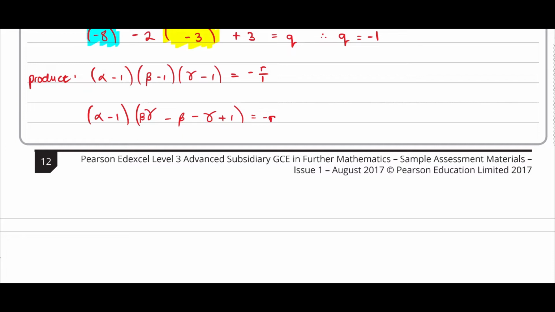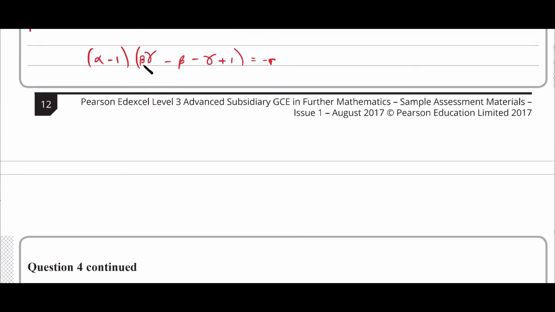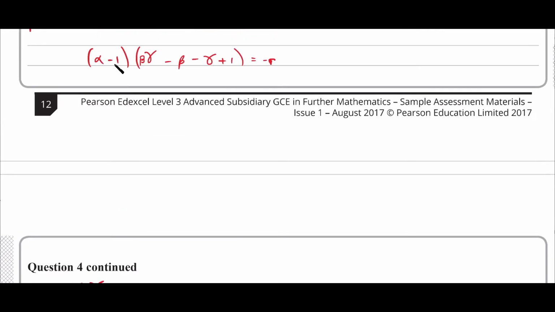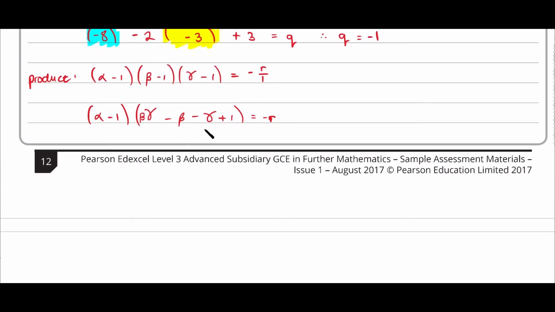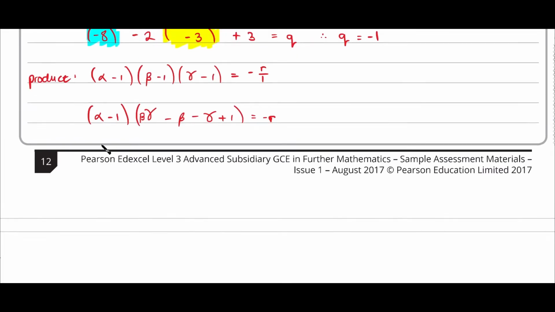So with that being said, let's now expand. Alpha times beta gamma, that's alpha beta gamma. Alpha times minus beta, that's minus alpha beta. Alpha times minus gamma, that's minus alpha gamma. And alpha times 1, that's alpha.